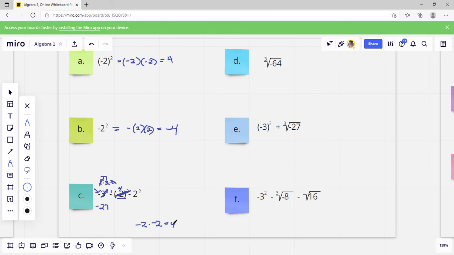Then I have this negative right here I can't forget about. Okay, and then right here, 2 squared, 2 times 2 is 4, so that would be minus 4. Alright, so now I just got to put that together. I'm just adding all these up because they're all negative, so 27, that would be 31, 35. So negative 35 on C.